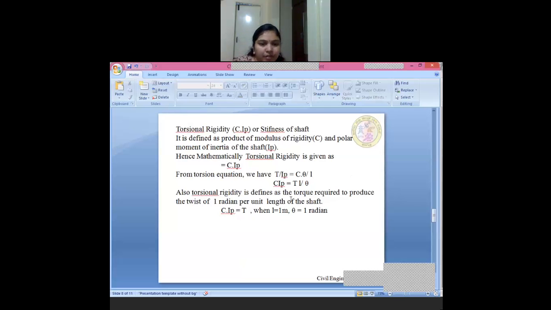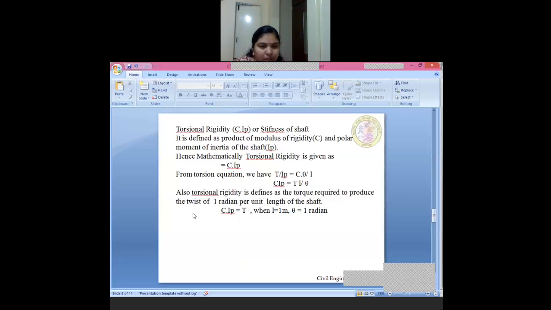Next, what is torsional rigidity or stiffness of a shaft? It is defined as the product of modulus of rigidity and polar moment of inertia of the shaft. Hence, mathematically, torsional rigidity is given as C into IP. What is C?